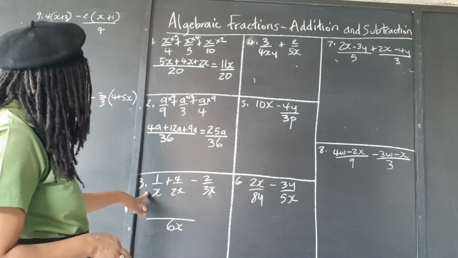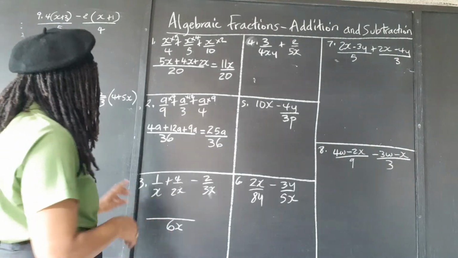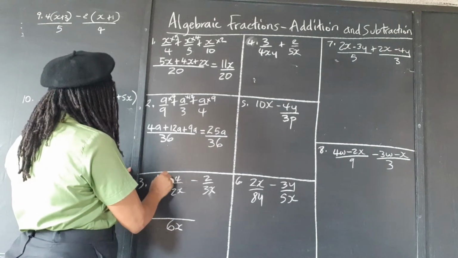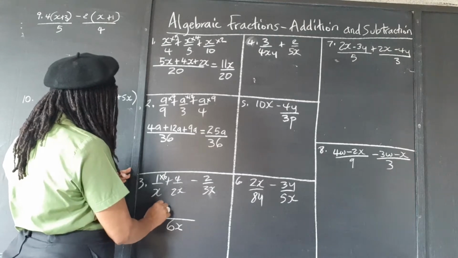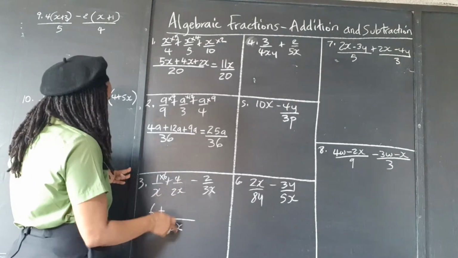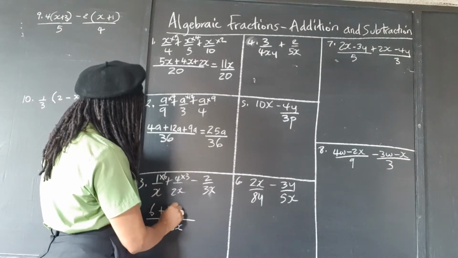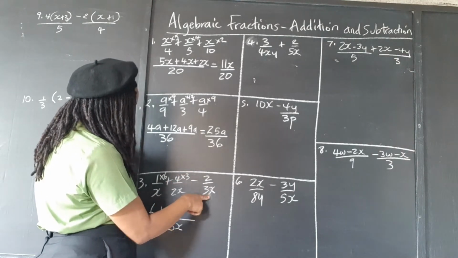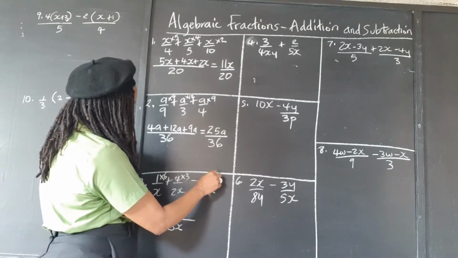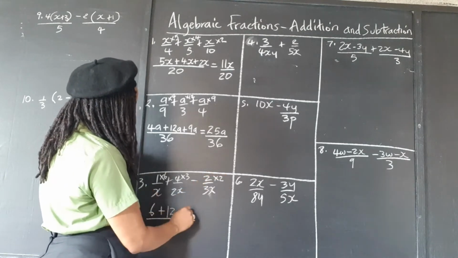So x goes into 6x 6 times. 1 times 6 is 6. 2x goes into 6x 3 times. 4 times 3 is 12. And 3x goes into 6x 2 times. 2 times 2 is 4.